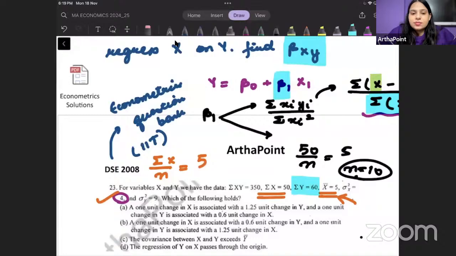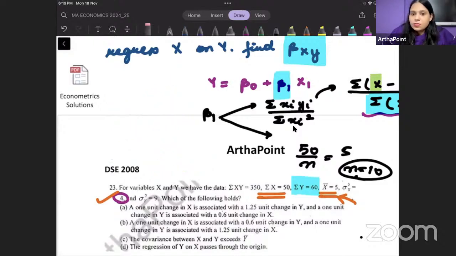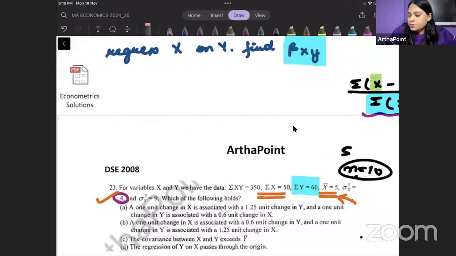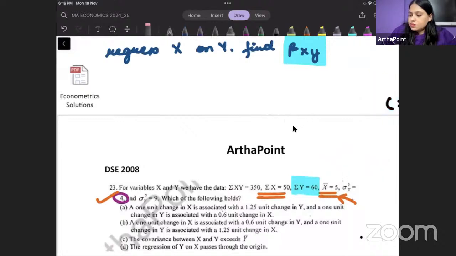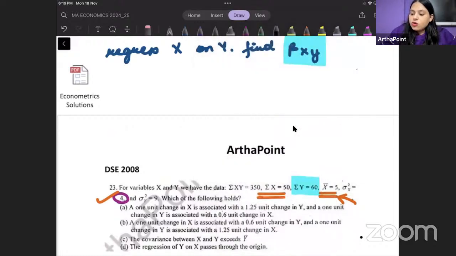Give it a minute. Use the formula of beta xy. What will be beta xy?